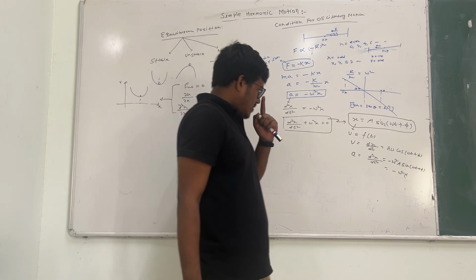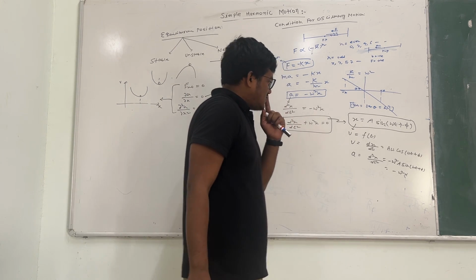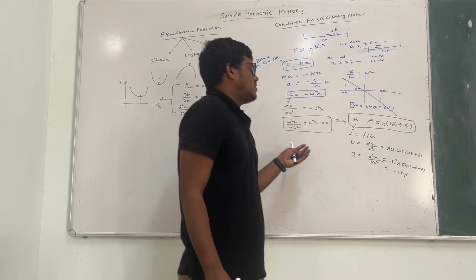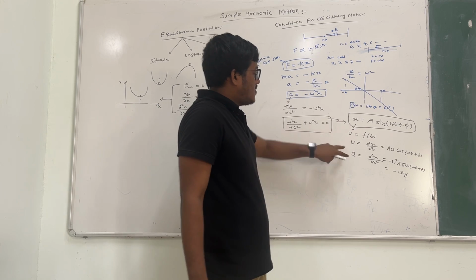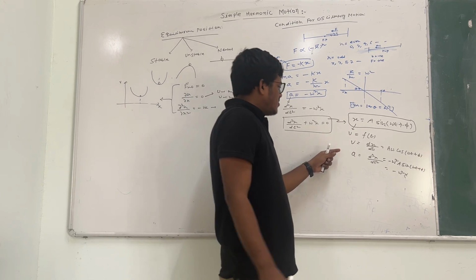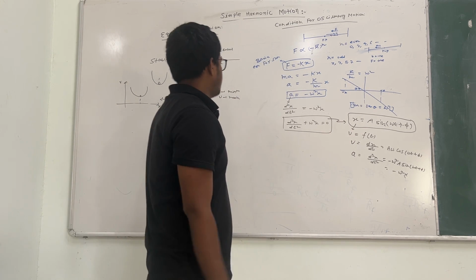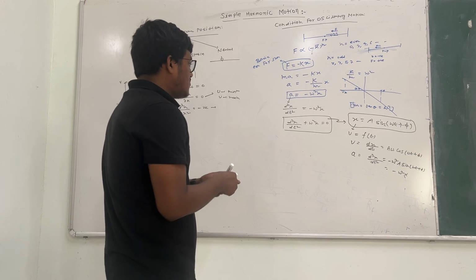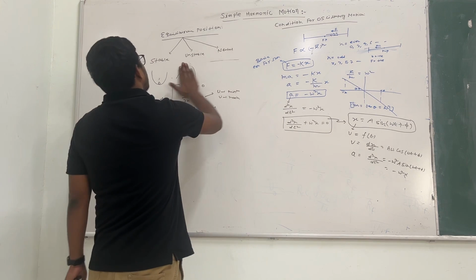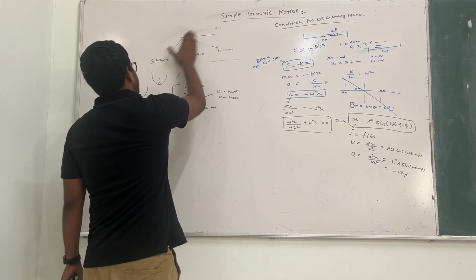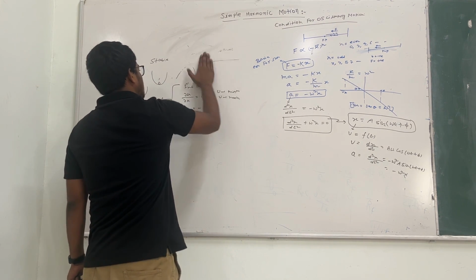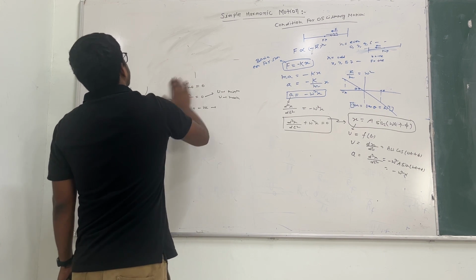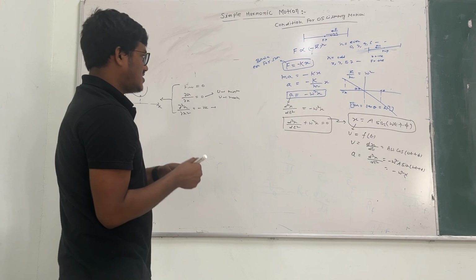Now, my main aim is to plot some curves. But before plotting the curve, we are going to understand some dynamics of simple harmonic motion, and how the motion is occurring.